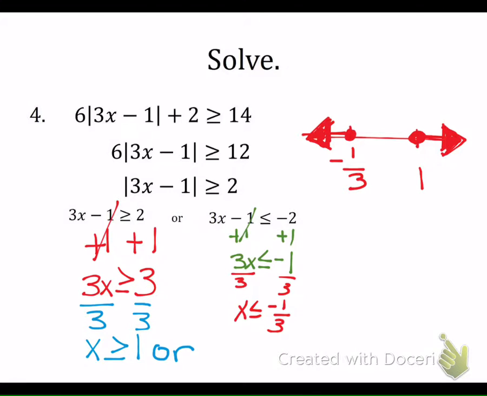It's an or. So how many things need to be true? 1. Okay, so this is a classic or. We have two inequalities. They're facing away from each other. That is my answer. Either x is greater than or equal to 1 or x is less than or equal to negative 1/3.